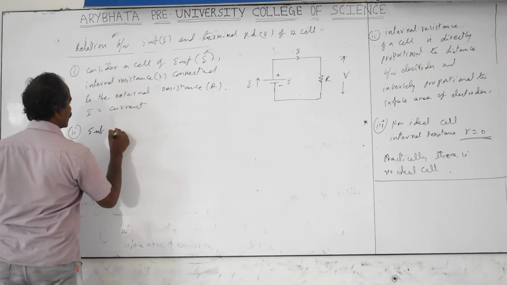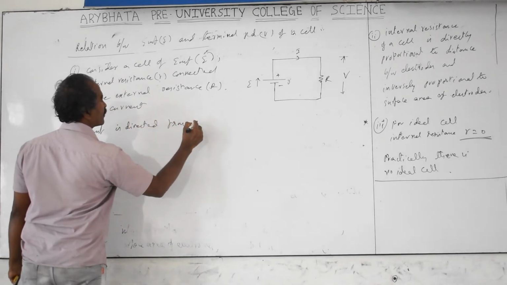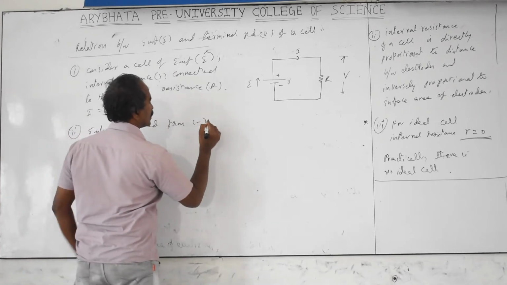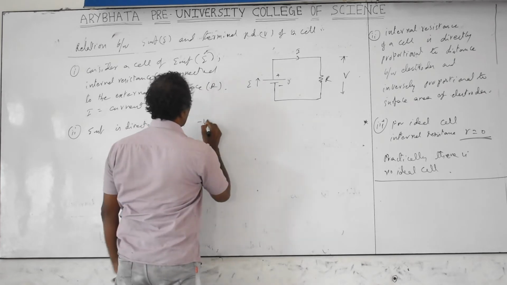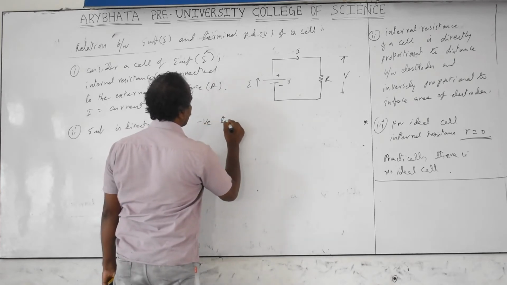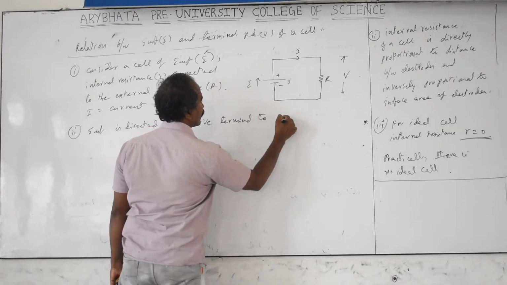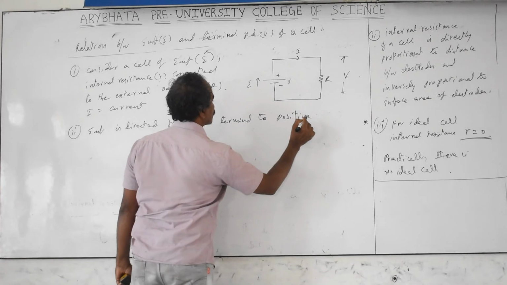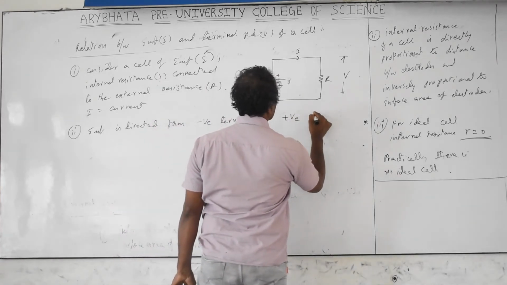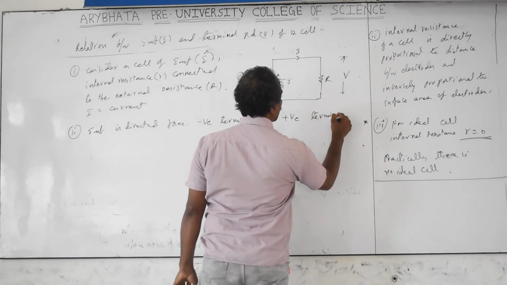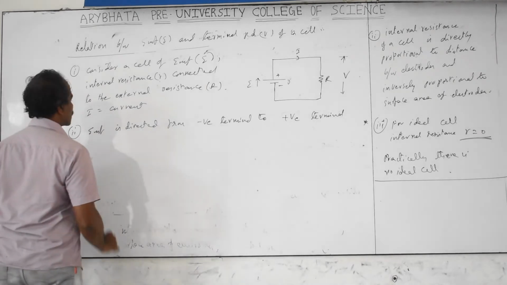EMF is directed from the negative terminal, negative electrode, to the positive terminal. EMF is directed from minus to plus through the cell.